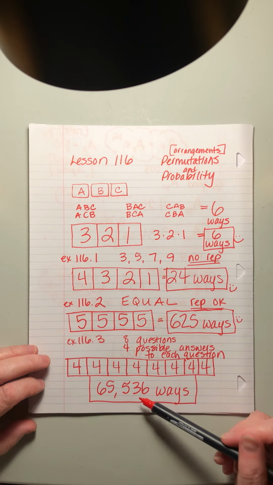So here are the seven letters. These are the choices that we have. When we get ready to fill in the first blank, 1, 2, 3, 4, 5, 6, 7, we have 7 choices. Now one of them has been used up, so when we go to the second letter, we can only choose from 6. And now 2 are used up, so what we have left is 5.